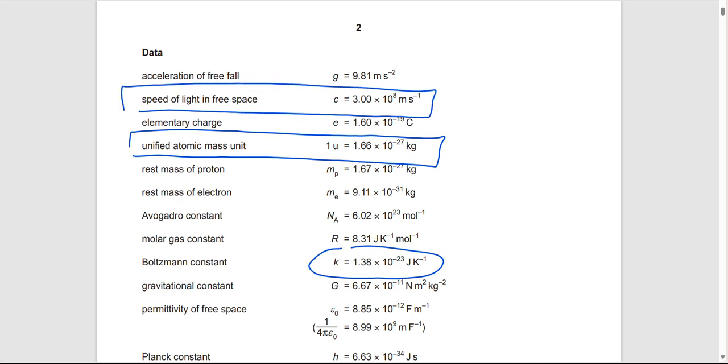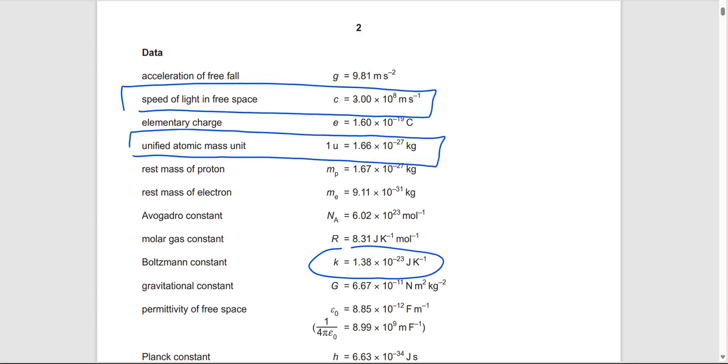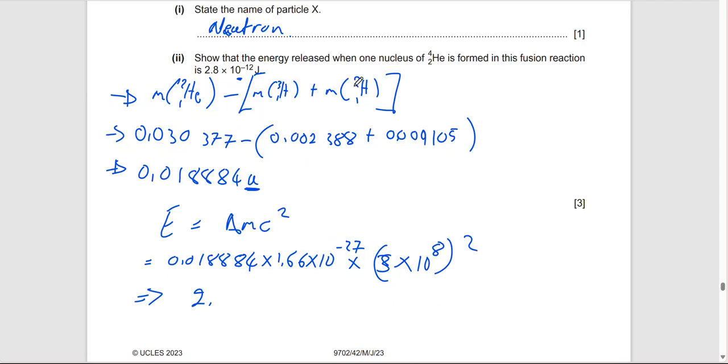When you put that into the calculator, you get the answer to 2 significant figures, since your 3.8 is to 2 SF. Notice your speed of light is to 3 SF. You get your 2.8 by 10 to the negative 12 joules as they want it, and you've shown that.